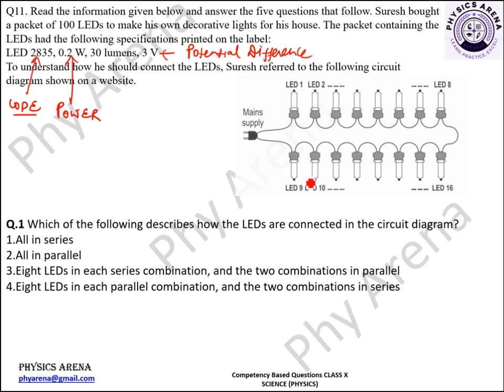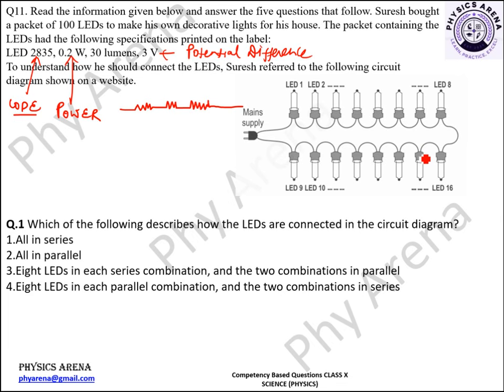So this is the circuit diagram that Suresh has referred. Now we can see that the ending of one LED is connected to the starting of another one. So it is something like this, one LED, then another one, and this process goes on. And also after the 8th, we have connected the 16th LED in series.